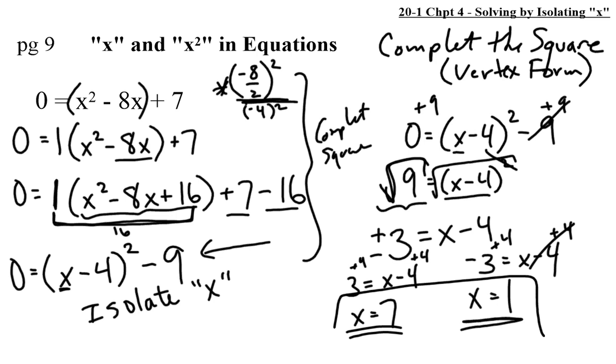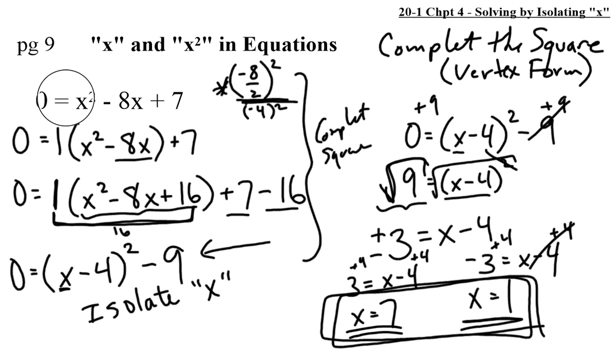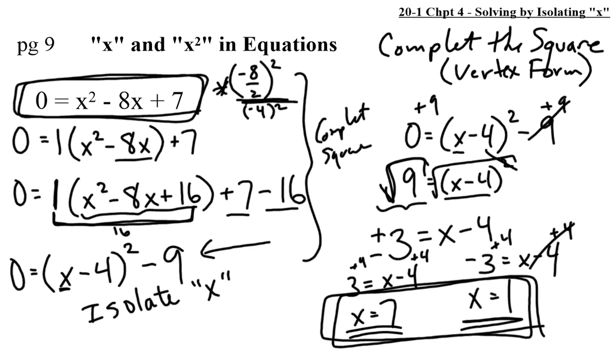So there's the two possible values for x for our initial quadratic of 0 equals x squared minus 8x plus 7. All of this complete the square work just so we can get the equation that we then have to solve. Two big questions in one.